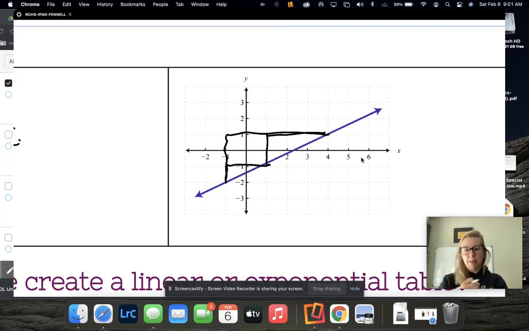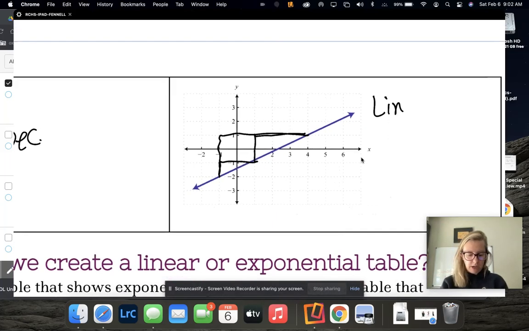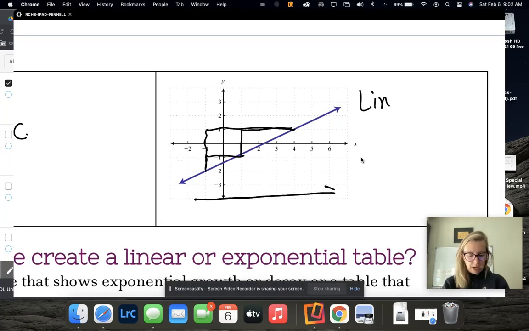If we were to simplify them down, they're not pretty whole numbers because this graph doesn't touch a bunch of whole numbers, but this has a constant rate of change. If I go over one, I'm going to go up by the same amount each and every time. It's linear. So it looks like a line, right? And as I read from left to right, my y values are increasing. This is a hike. You jump on this line, you're going to take a hike. This is a positive slope, also known as increasing.